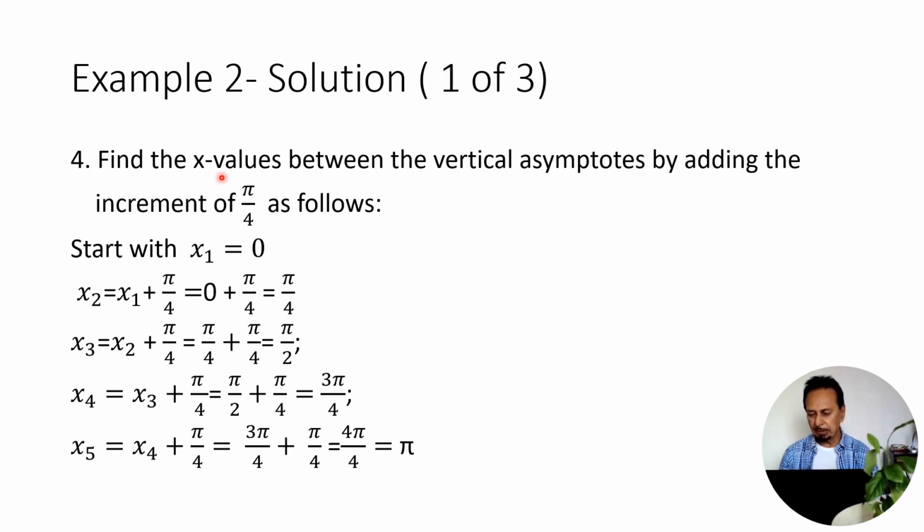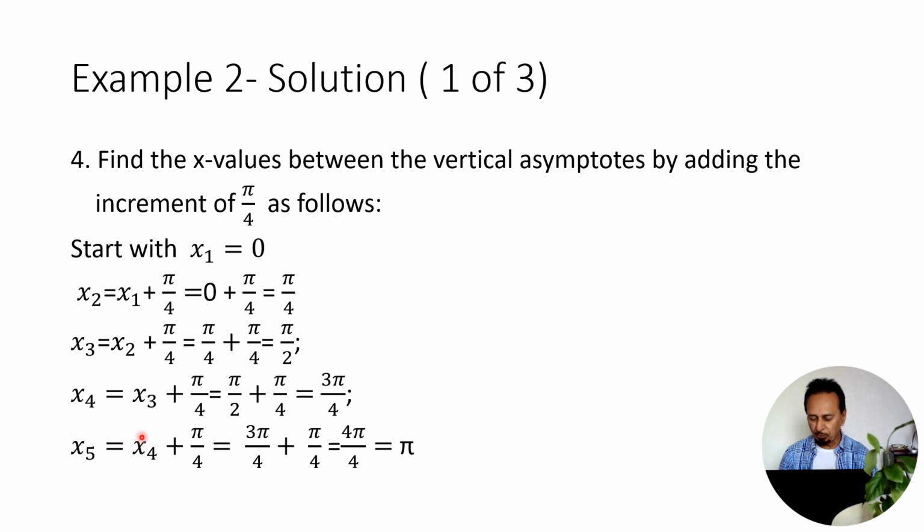Now we find the x values between the vertical asymptotes by adding the increments of pi over 4 as follows. Start with x1 equals 0. So x2 is x1 plus pi over 4, which becomes 0 plus pi over 4, which is pi over 4. Now to get x3, add pi over 4 to x2, which is pi over 4 plus pi over 4, which becomes pi over 2.